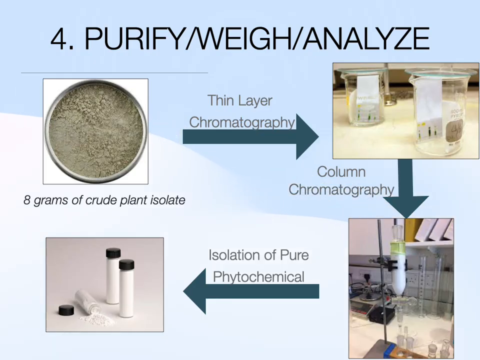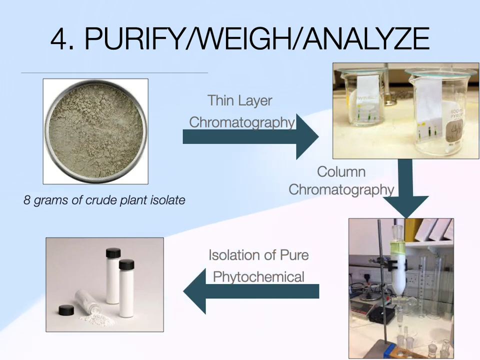level, because at this point you can see that the phytochemicals that are present have been physically removed from the plant parts. All the cellulose material and all those fibrous components of the plant itself, those are no longer present.